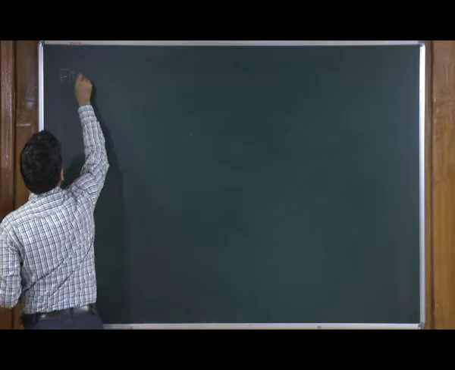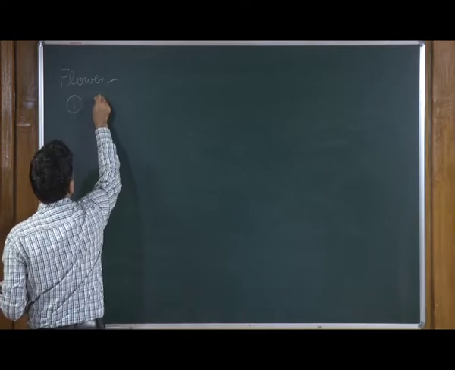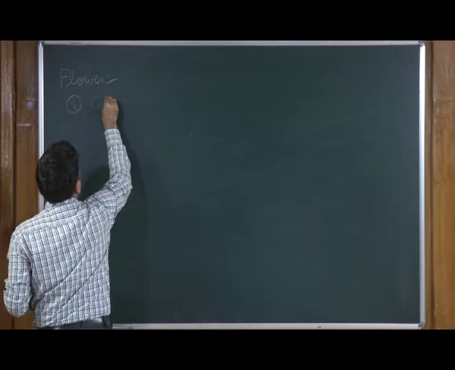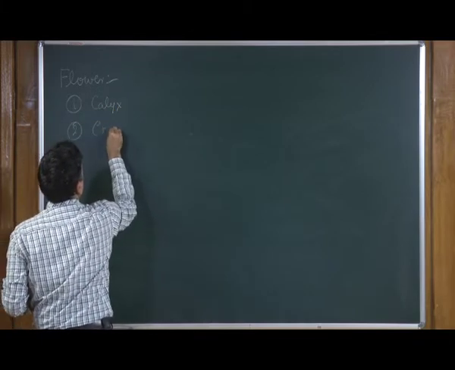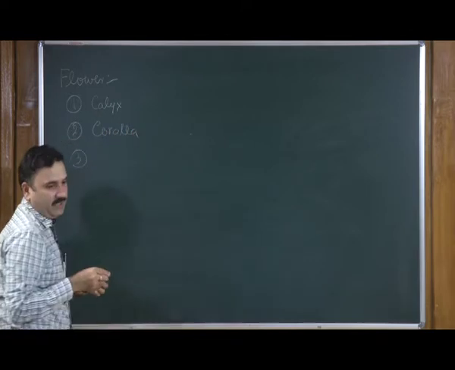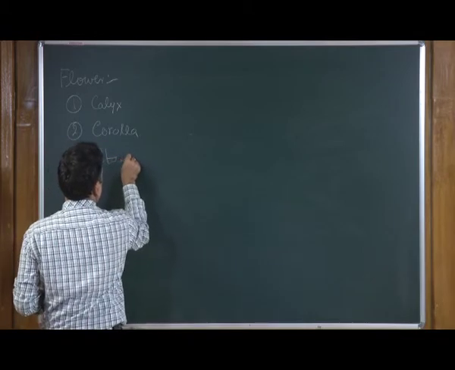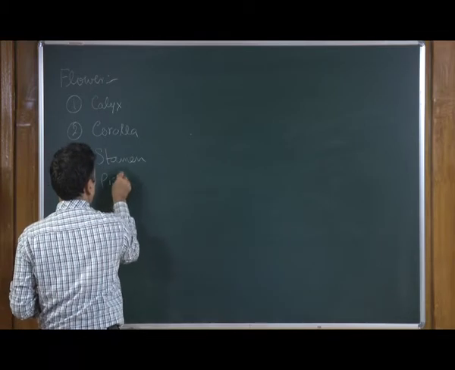In the flower we have the calyx, we have the corolla, then we have the stamen, and we have the pistil.